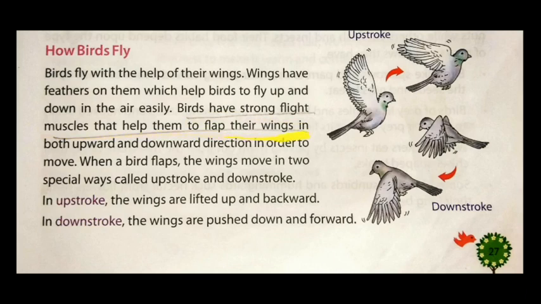These strong flight muscles help birds flap their wings both upward and downward in order to move. When a bird flaps, the wings move in two special ways called upstroke and downstroke.